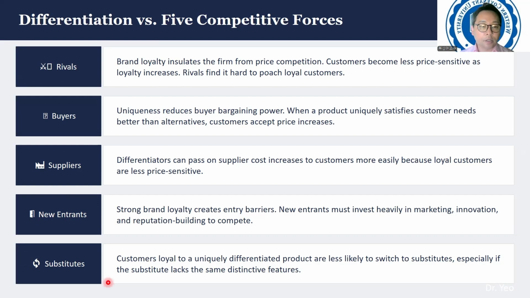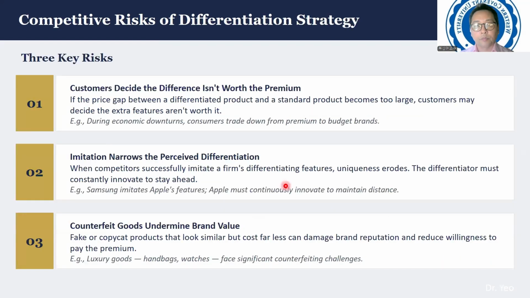Let's look at the risks. Just like cost leadership, differentiation carries significant risks. Risk one, the price value equation breaks down. Differentiation is only sustainable if customers believe the extra features are worth the extra price.